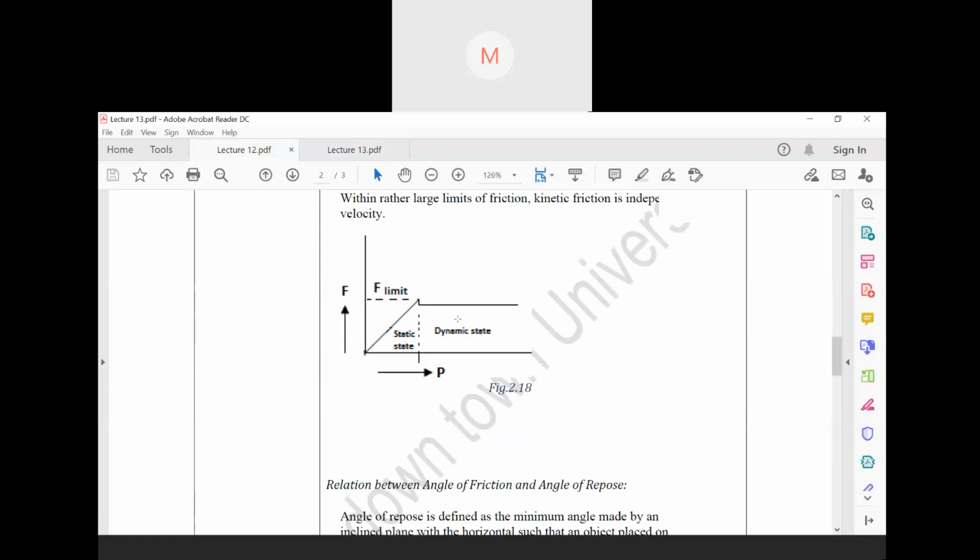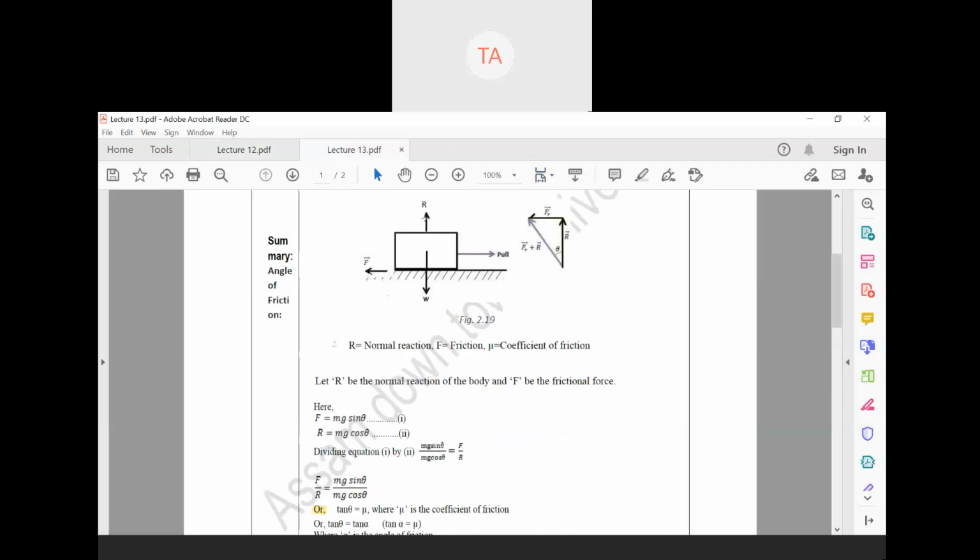Suppose, look, this is one force, this is the friction and this is the reaction, right? Now you have to combine these two, then only you will get this. And W we know is mg. Why mg?